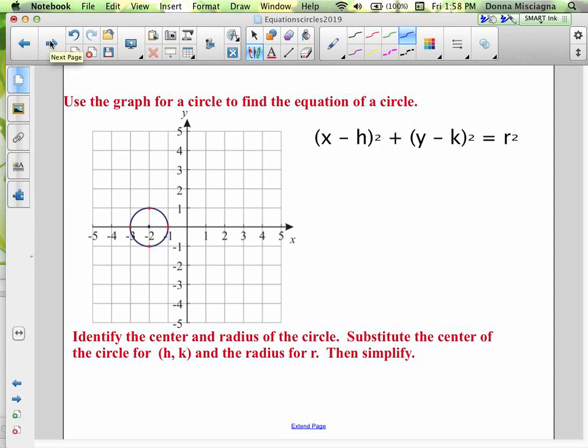Where's the center, Mazzy? Negative 2, 0. Identifying the radius is purple 3. Anybody at blue? Yep. And either way you look at it, it's 1.